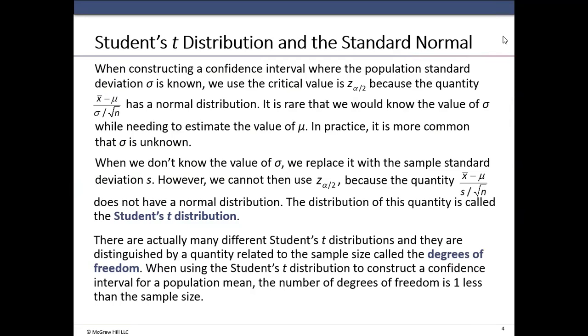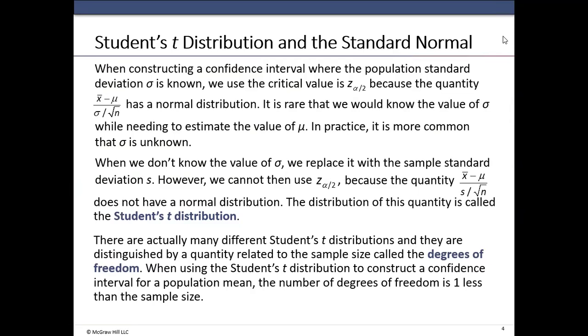X bar minus mu means sample mean minus population mean in the numerator: how far the sample mean is located away from the population mean. And then the quantity in the denominator is the standard deviation of the sampling distribution, that is, the standard deviation of the probability distribution of the sample means.